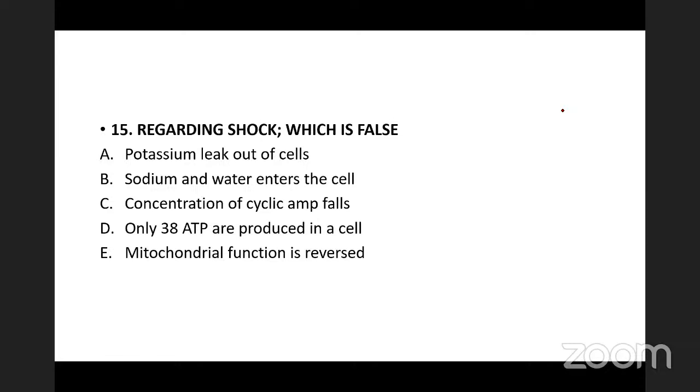And when there's disruption of the sodium potassium pump, there is movement of fluid into the cell as well as sodium, and the cell will swell and burst. So B is correct.